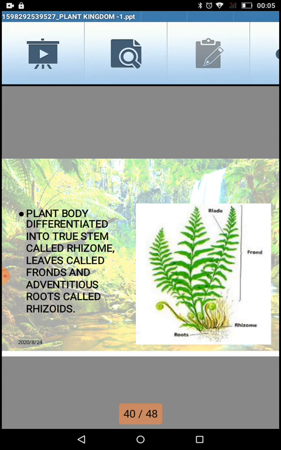That means they will be present, as you can see in the diagram, as what is called a rhizome. Rhizome means actually inside the ground. So they can be present just below the surface, or even on the surface in the prostrate form, the horizontal form, and you can have the erect stem also.